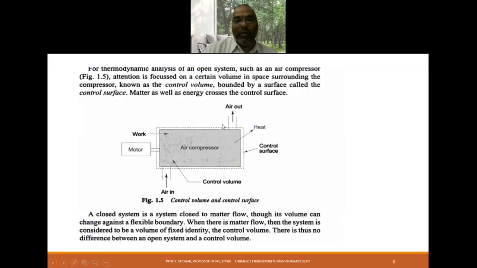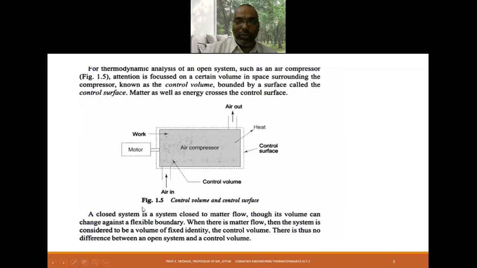This entire dashed line is the control surface. Our attention is concentrated on this particular area, the matter whose behavior we are going to study, which is known as the control volume. It is bounded by a surface called the control surface, through which the work interactions as well as the heat interactions take place.